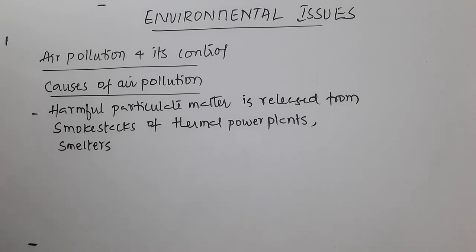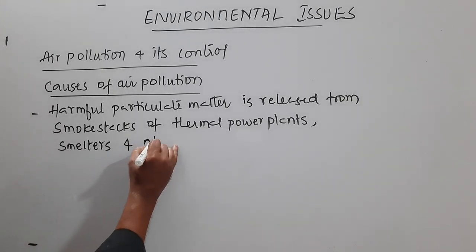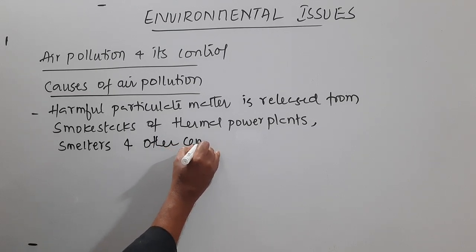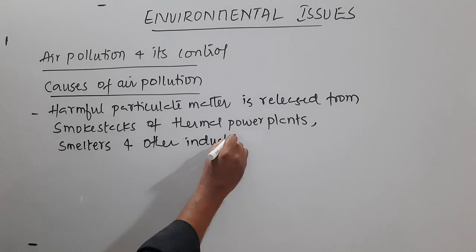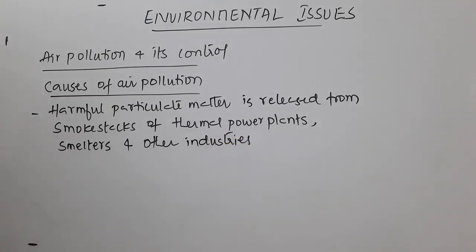I hope you may already know about these smelters from chemistry. Other industries like cement industries also release it. So from all of them, a lot of particulate matter will be released into the atmosphere.